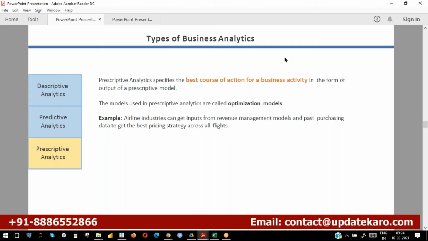Fine. So here in prescriptive analytics, we are going to optimize the models that we have built in predictive analytics, and we are going to say that these are the actions that you need to perform to achieve the business goals set by the company or the business.